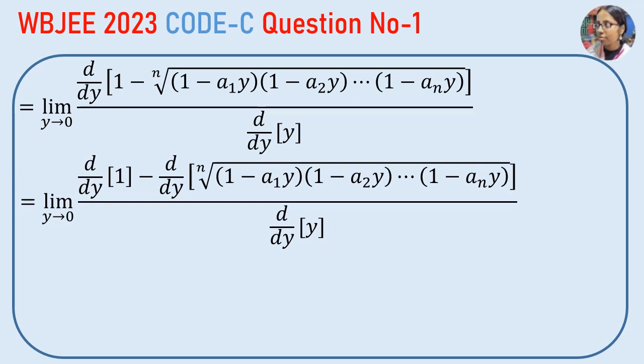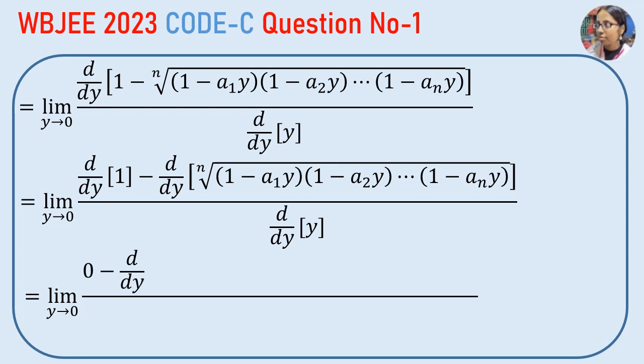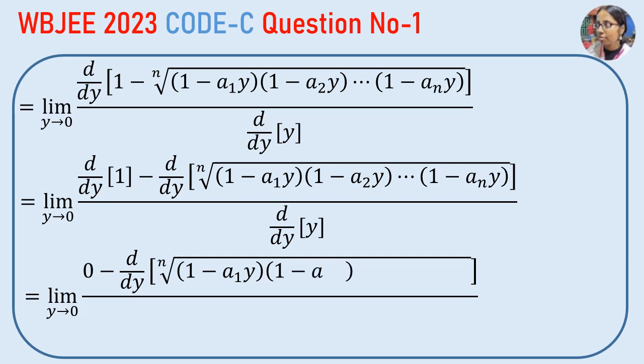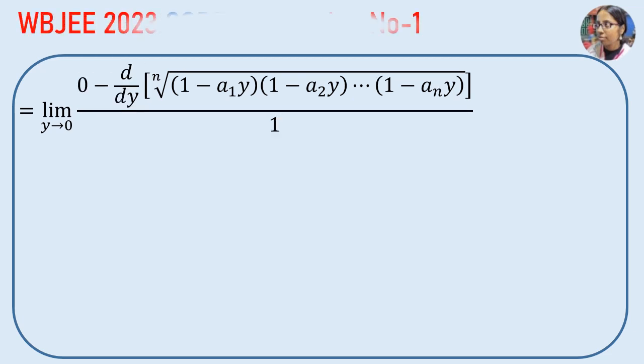Since d dy of 1, a constant term, is equal to 0, and d dy of y is equal to 1, so we have limit y tends to 0, (0 minus d dy of nth root of the expression (1 minus a1y)(1 minus a2y)...(1 minus any)) divided by 1. Consequently, we get this.